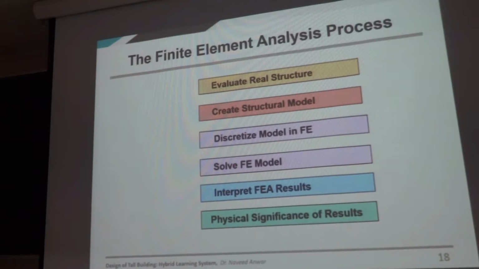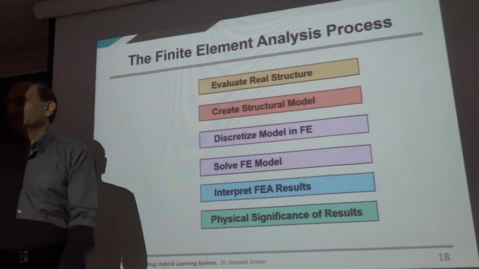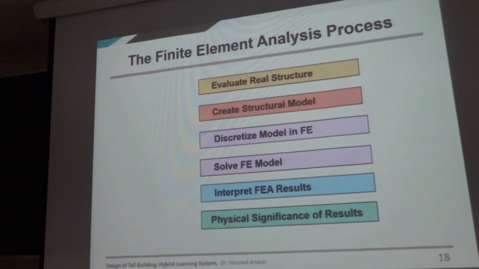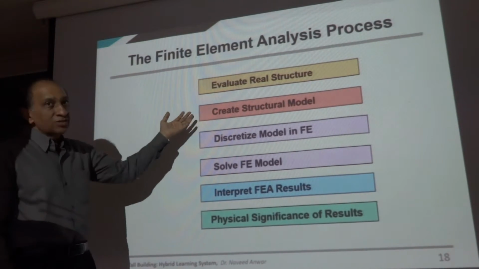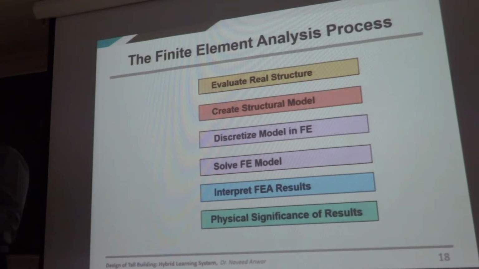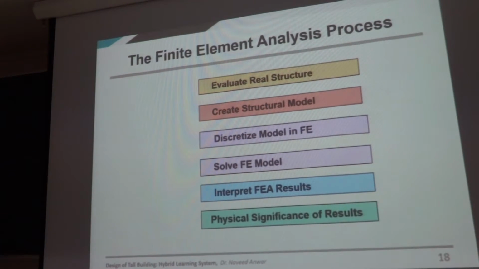So this is the process. Evaluate the real structure, look at it, see what it is, what you are going to do with it, is it a beam, a heart, or a chip, or what? Evaluate it, what is it, right? Create a structural model first, and remove things that you don't want in that structure. For example, in this room, if you want a model, there's a window there, do you want it in the model or not? False ceiling, do you want it or not?